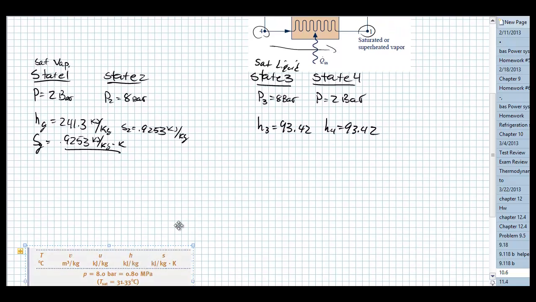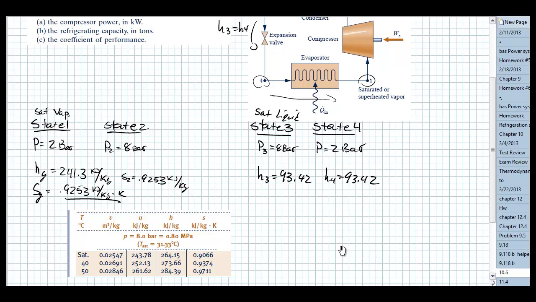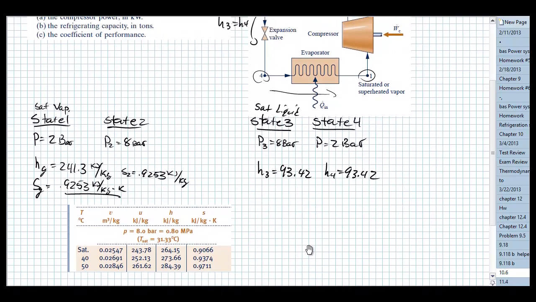Now back to the enthalpy at state 2, we're going to have to interpolate from the superheated tables. I've clipped them and added them in right here. The interpolation is relatively easy. This is the formula for interpolation, pretty straightforward. This is the lower bound for y, this is your x that you're trying to get the data for, this is the lower bound for x, upper bound for y, and upper bound for x.